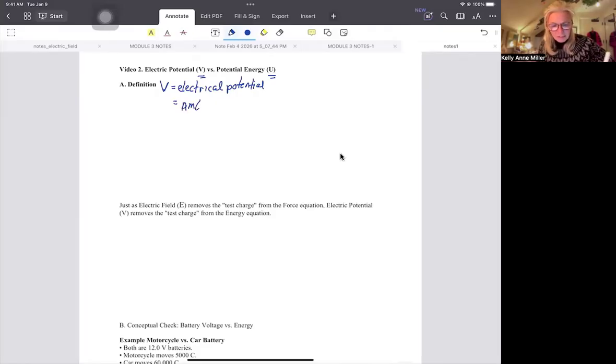So it's the amount of U, remember, which is electric potential energy in this context, per unit charge, at a specific point in space. To be more specific, we should say in an electric field.